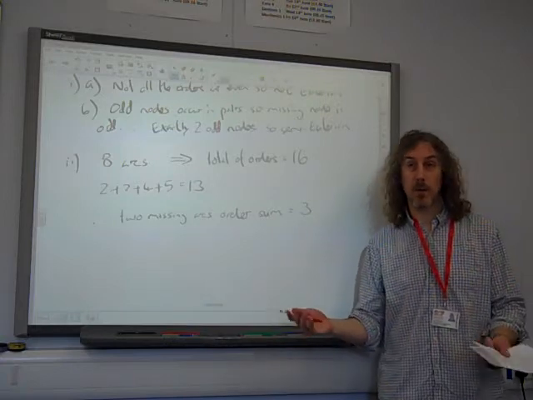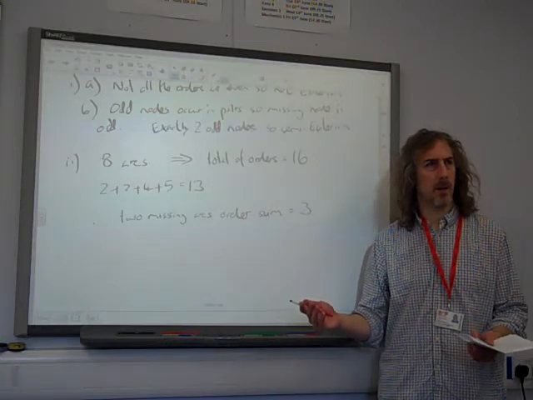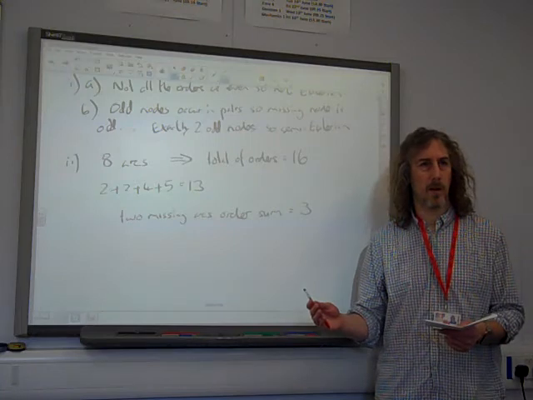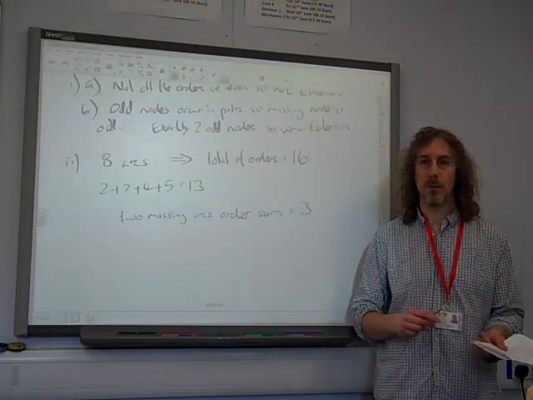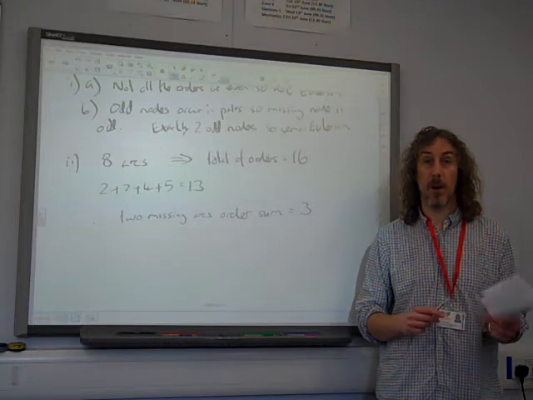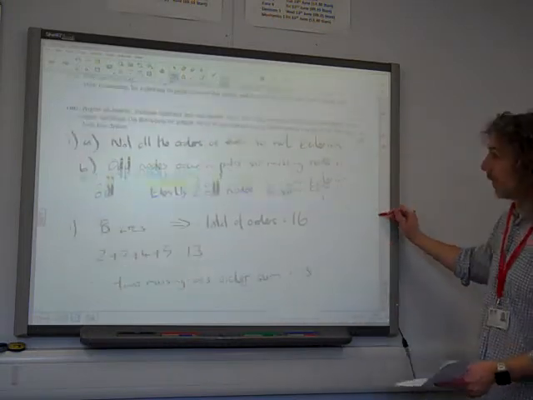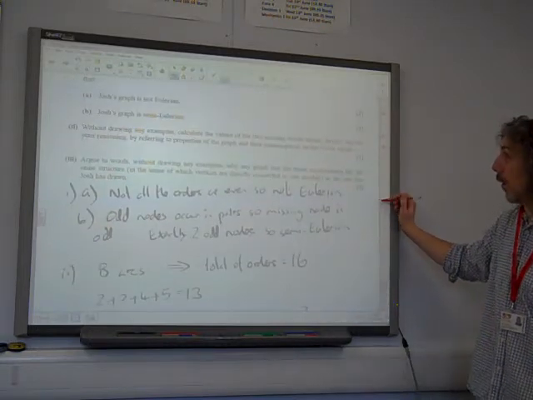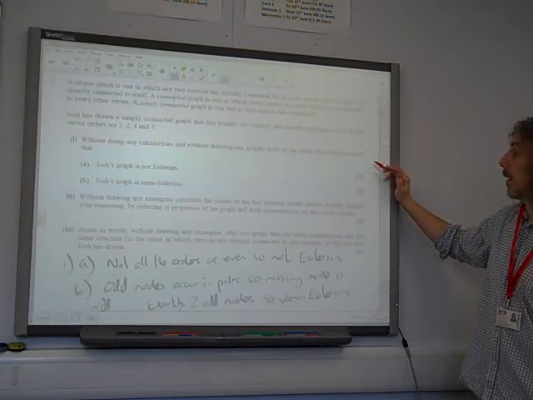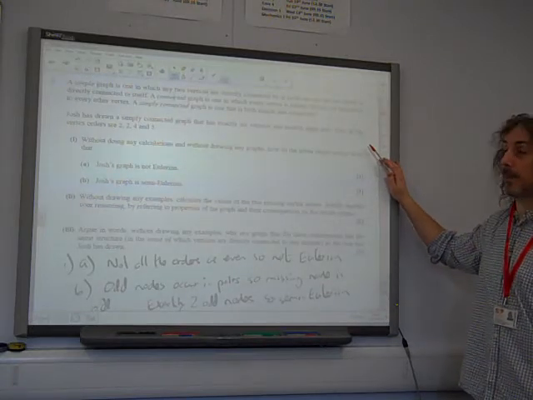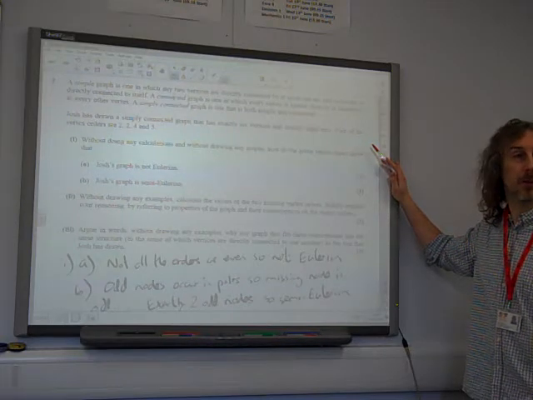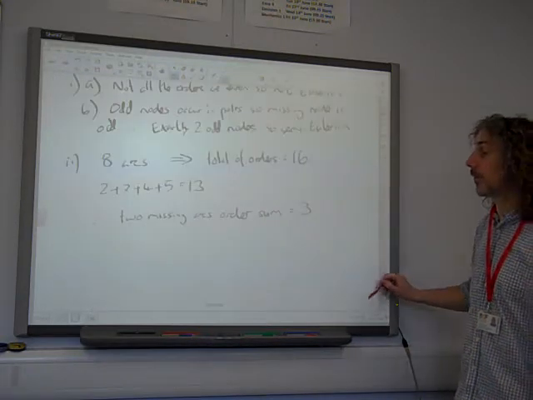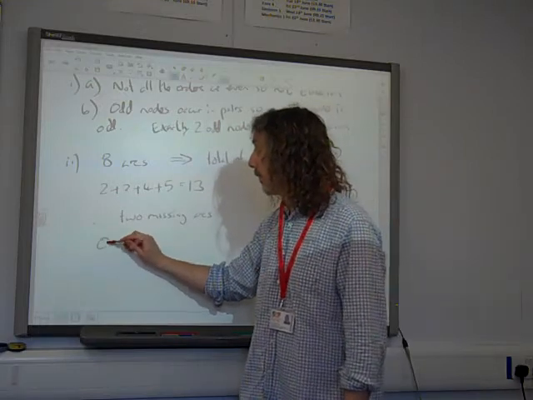Now that means they could be 1 of 2 things. They could be 0 and 3, or they could be 1 and 2. That's the only possibility. But the question told us that the graph was a simply connected graph.